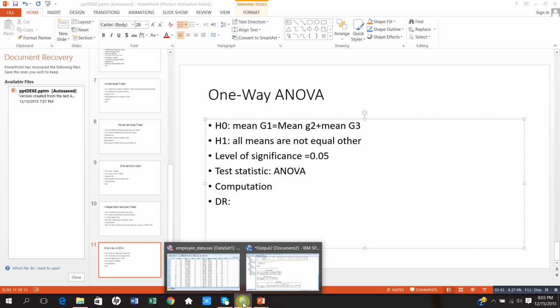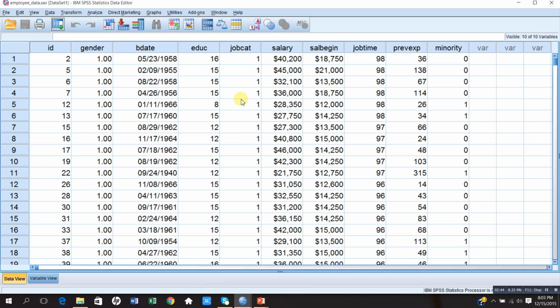Now let me analyze the same variable, that is current salary, but this time I will not use gender as a categorical variable, because gender has only two categories. Since I am computing analysis of variance, I will use another categorical variable which has more than two categories, and that will be job category.